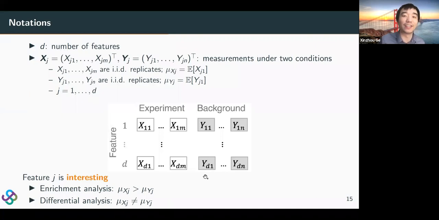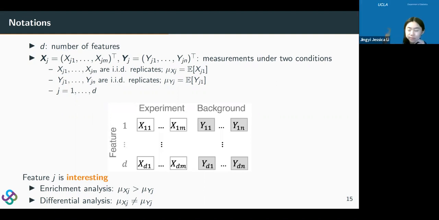So maybe I can give you some time to look at these notations, and feel free to ask questions if you have. Maybe Xinzhou, you can explain a little about what you mean by the expectation symbol. What does that mean here? You mean this? Yeah, the expectation.